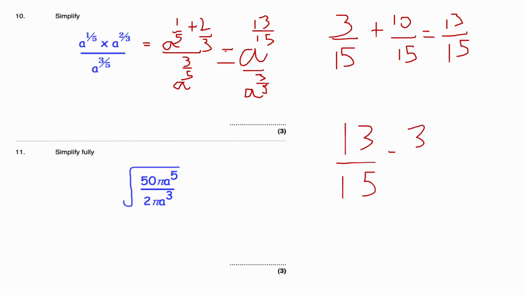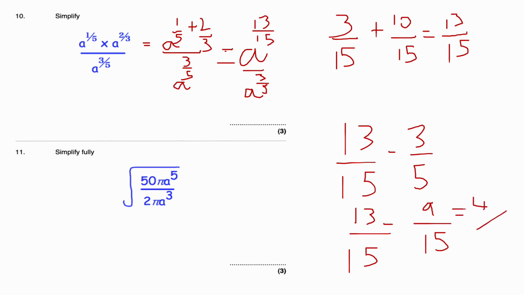Take away, because it is a division, okay. So change this one to 9/15 by timesing the fraction top and bottom by 3. I'm going to get the answer of 4/15 because 13 take away 9 is 4.